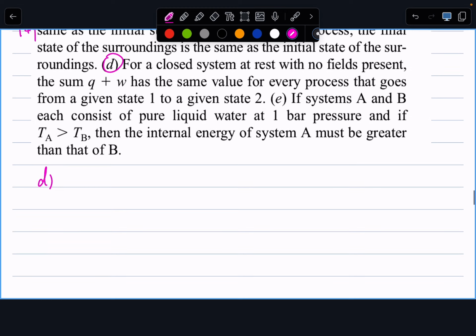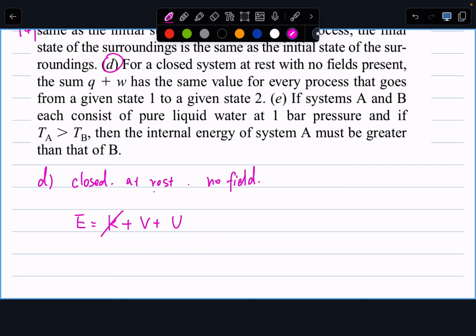It's something we know. So for a closed system at rest and no field, what do we know? We know that energy equals K plus V plus U. So this is just true, right? That's the nature of total energy. That's how we write it out.